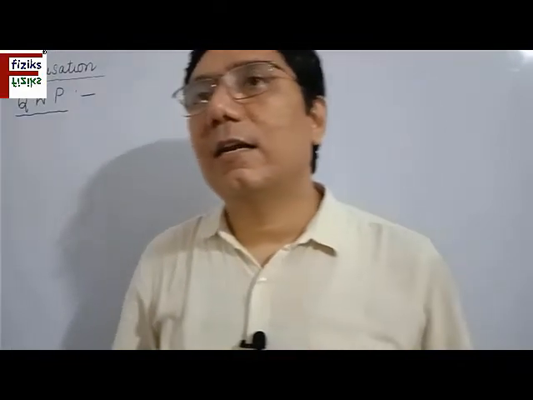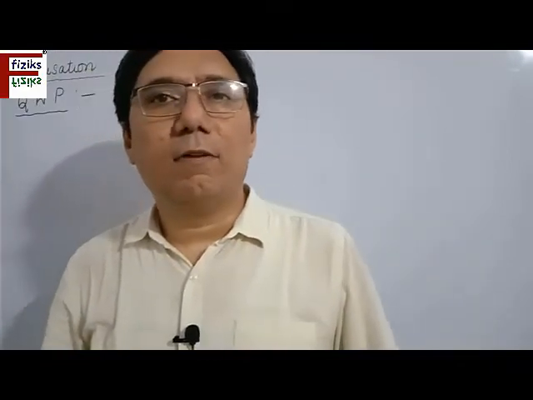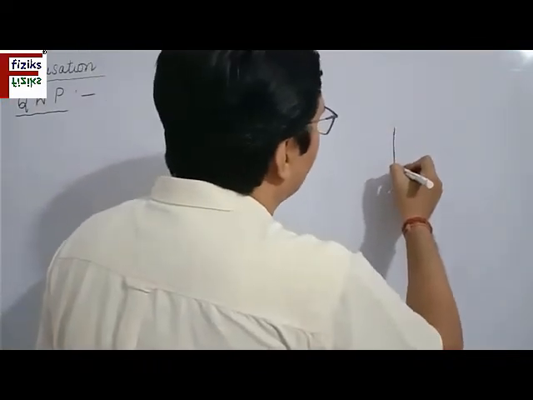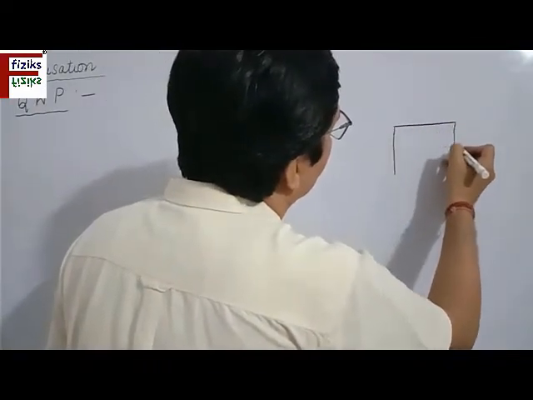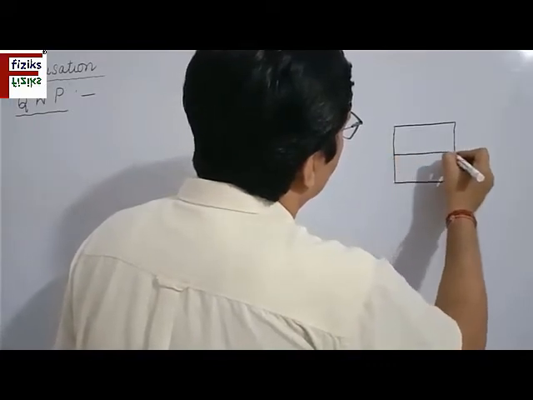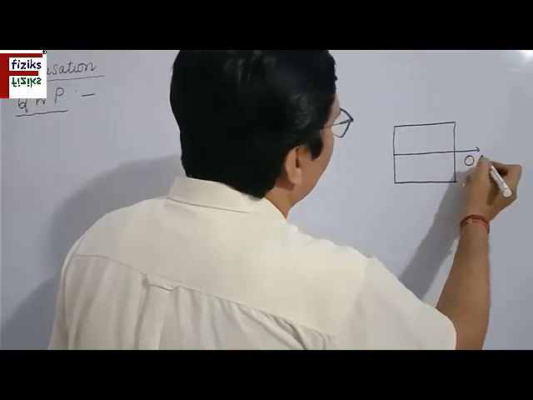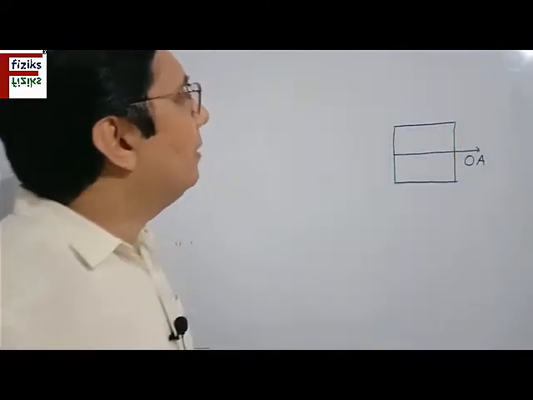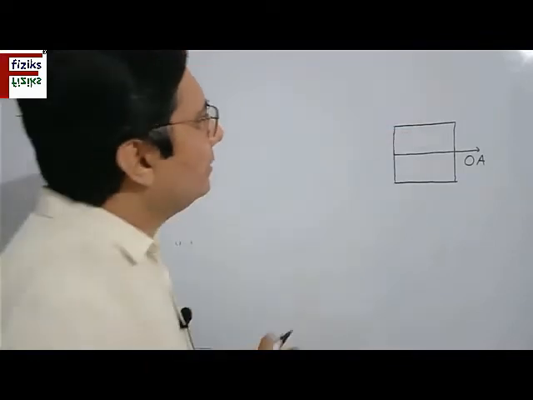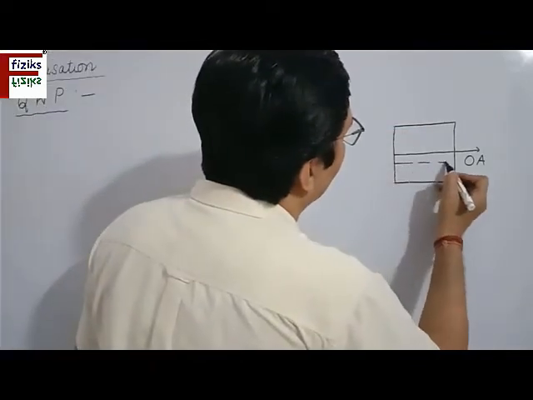Basically, what is happening in double refraction, when light is incident on a doubly refracting crystal, and this doubly refracting crystal is cut in such a way that the optic axis is parallel to its face. This is the face of the doubly refracting crystal, and the cutting is such that the optic axis is parallel to this face.